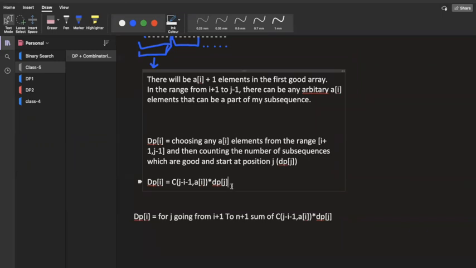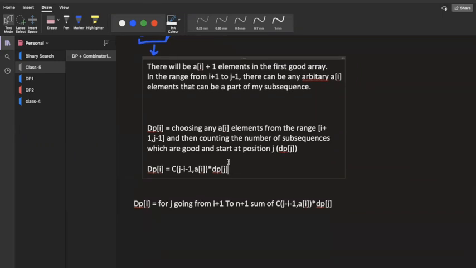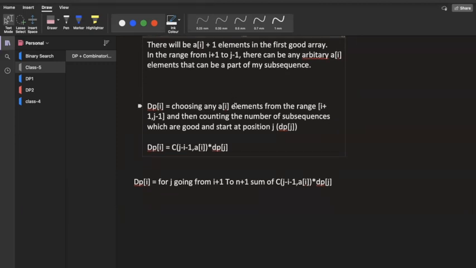The subsequences which I get from j and j plus 1 will all be different, because any subsequence which I get from a value j should have its second good subarray starting at position j, and any good subsequence which I get from j plus 1 should have its second good subarray starting from j plus 1, right? So this makes sure that everything is disjoint and there is no double counting. I hope I was able to make it clear enough. Yeah, it's clear. Thanks.